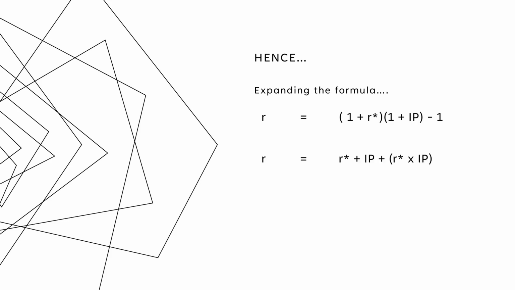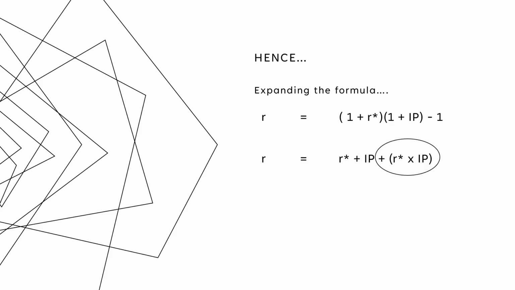Hence, if we are to expand the formula, R is equal to quantity 1 plus R star times quantity 1 plus IP minus 1, we may use the FOIL method and arrive at the following. R is equal to R star plus IP plus quantity R star times IP.